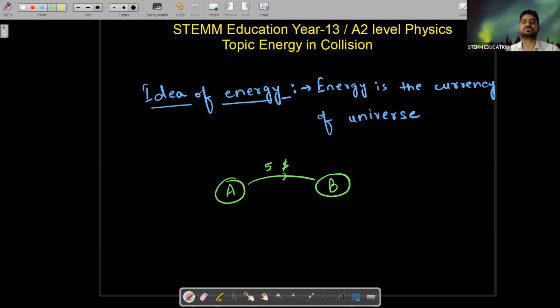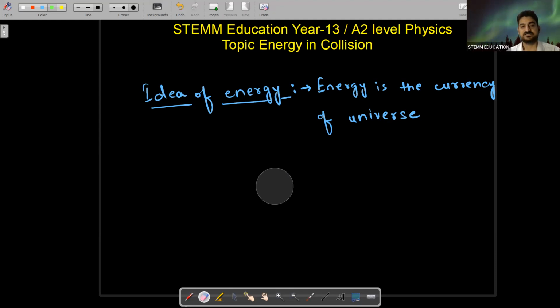Any activity is going to happen only when some amount of money is transferred from A to B. Similarly, in the universe, whenever some amount of energy is transferred from one body to another, then any activity happens. So the basis of any activity happening in the universe depends upon the amount of energy, or the method in which the energy is being transferred from one body to another.